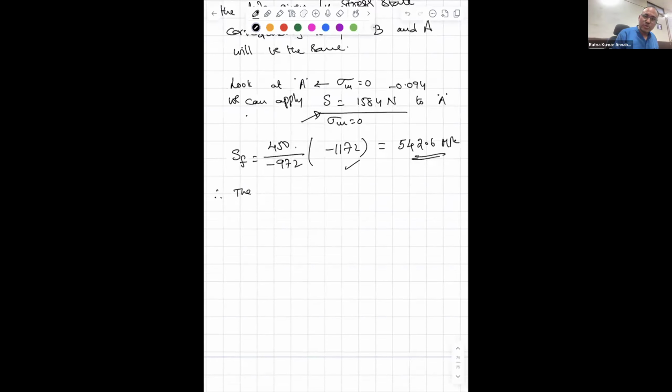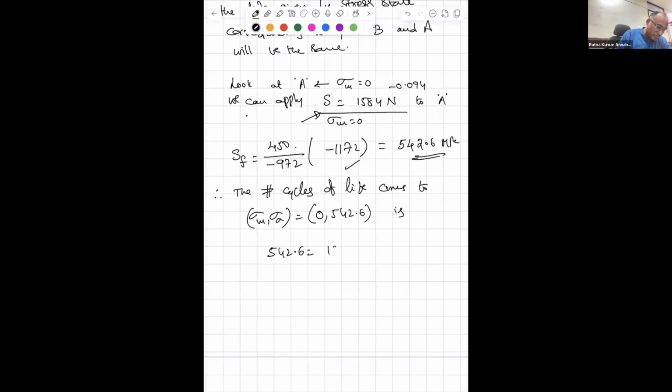You can do that or this, both of them are the same. Therefore, the number of cycles of life corresponding to sigma m comma sigma a equal to 0 comma 542.6 is: 542.6 is equal to 1584 times NF to the power minus 0.094.